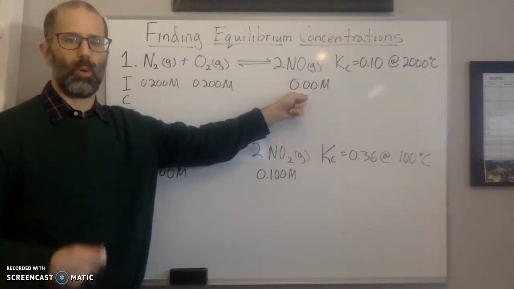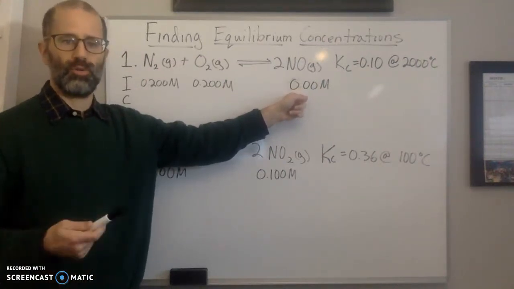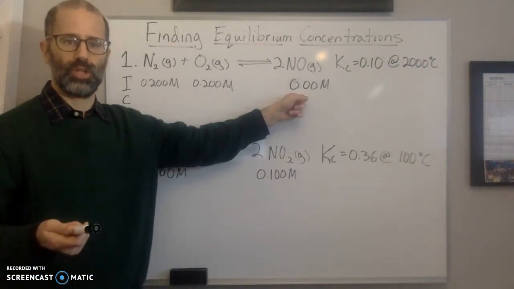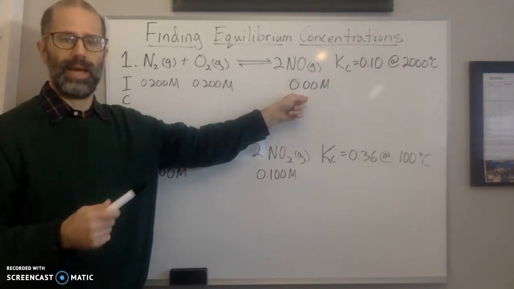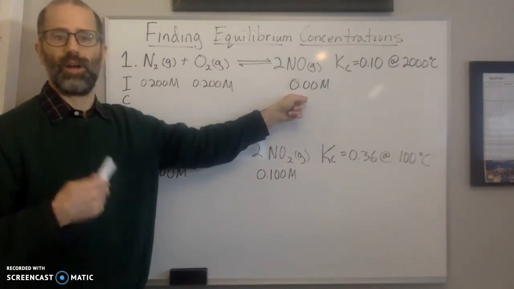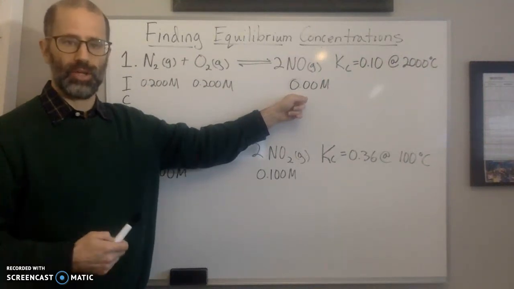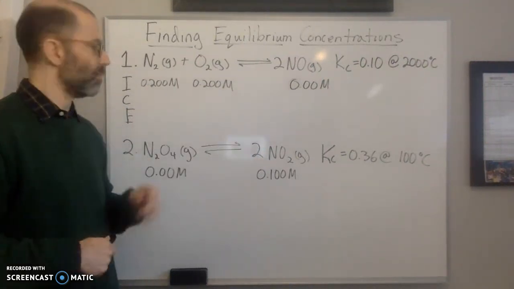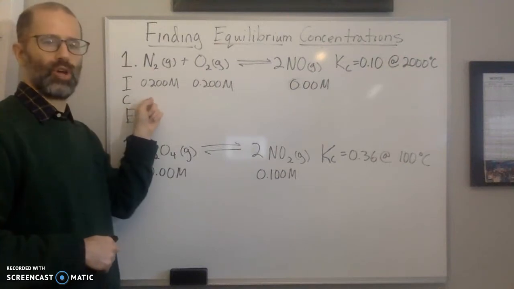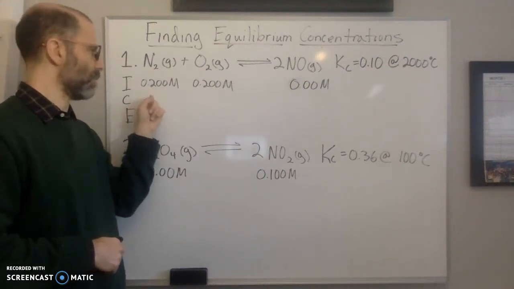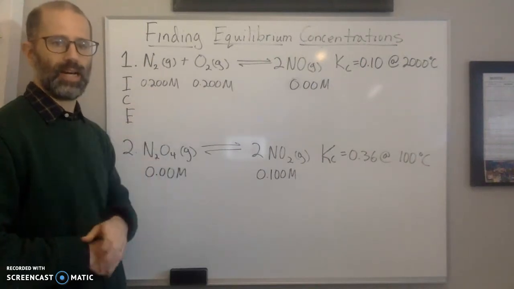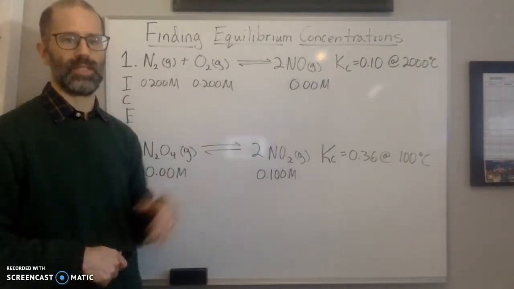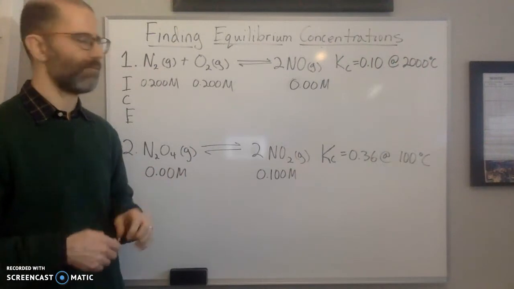So you always calculate the reaction quotient to see whether you are at equilibrium, and if not, which direction you are going to go. If you don't figure that out, you don't know if the change is going to be minus or plus on the reactant side, or minus or plus on the product side. So you need to do that first.